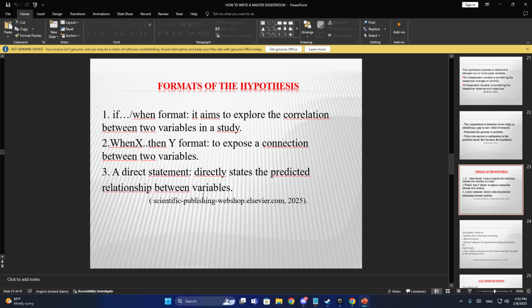So the first format is the if-then format. Here it aims to explore the correlation between two variables in a study. The when x then y format is to expose a connection between two variables, or a direct statement directly states the predicted relationship between variables.